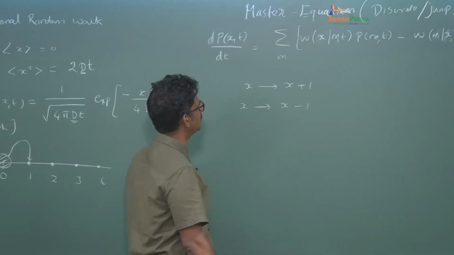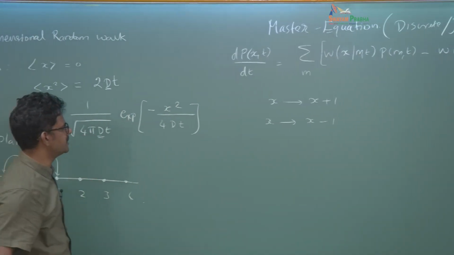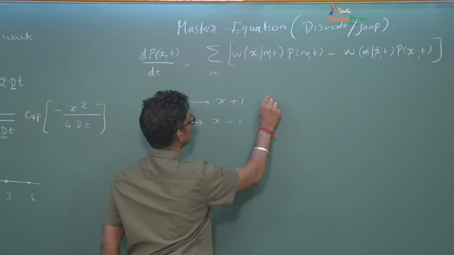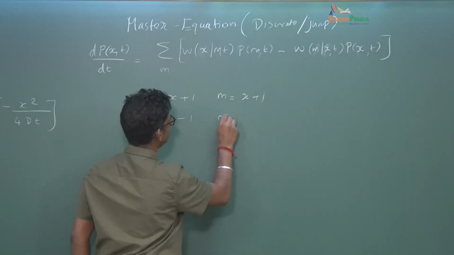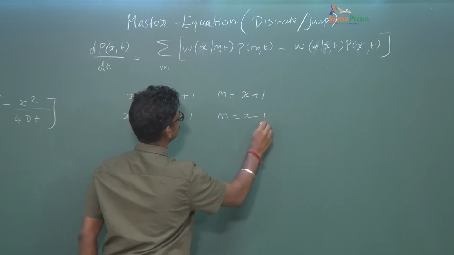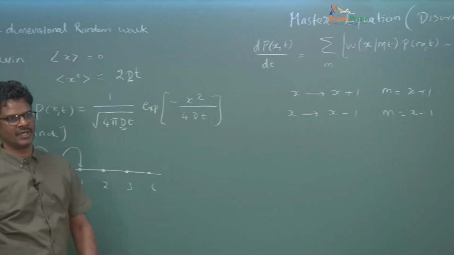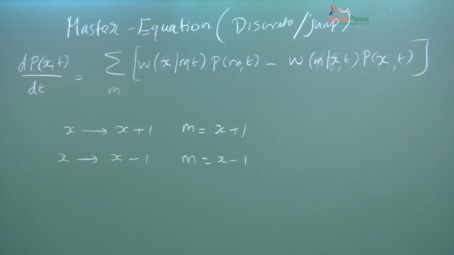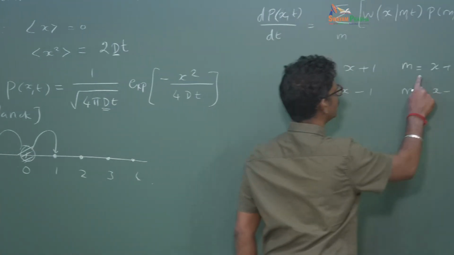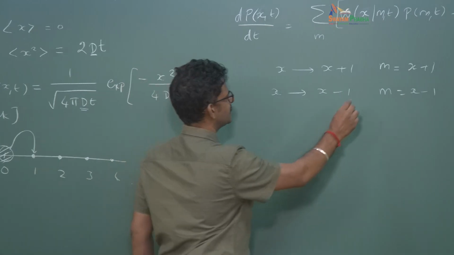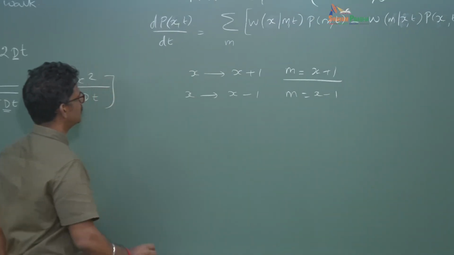So what that means is that now m can take a value of x plus 1 or it can take x minus 1. These are the 2 possible values of m. You cannot go to x plus 2 and you cannot go to x minus 2. Those jumps are not relevant. So now we can write this equation for 2 values of m. First let's write this for m equal to x plus 1.